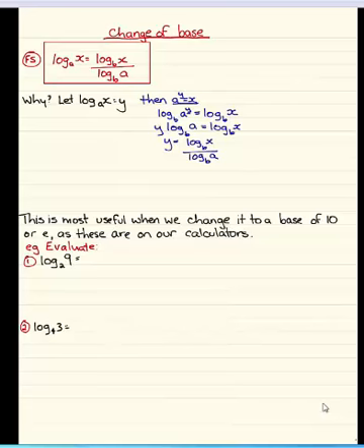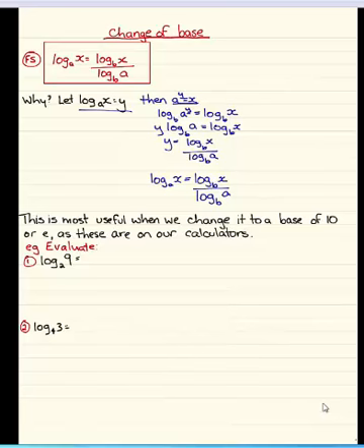But going back to our definition, back up here, y is equal to log base a of x. So that means that log base a of x is equal to log base b of x all over log base b of a.